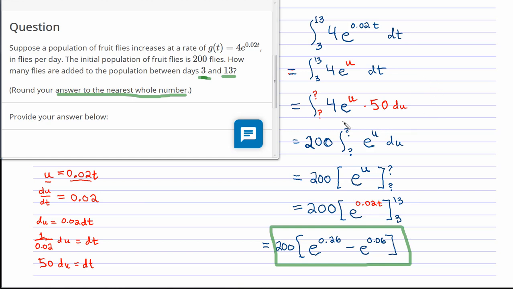That 200 came from 4 times 50, and the 4 was the velocity, and the velocity doesn't have much to do with the initial population. So don't try to read anything into that. The fact that this was a 200 and this was a 200, that's a complete coincidence.